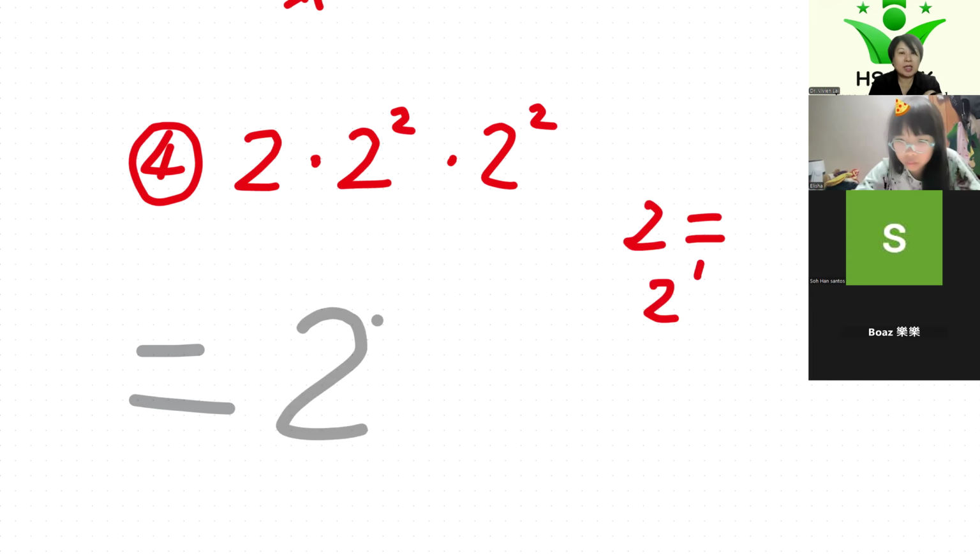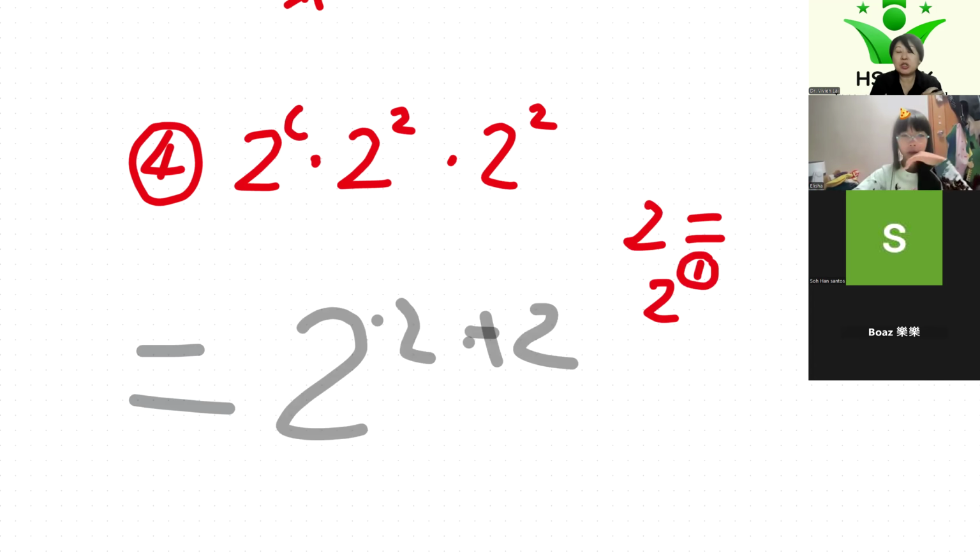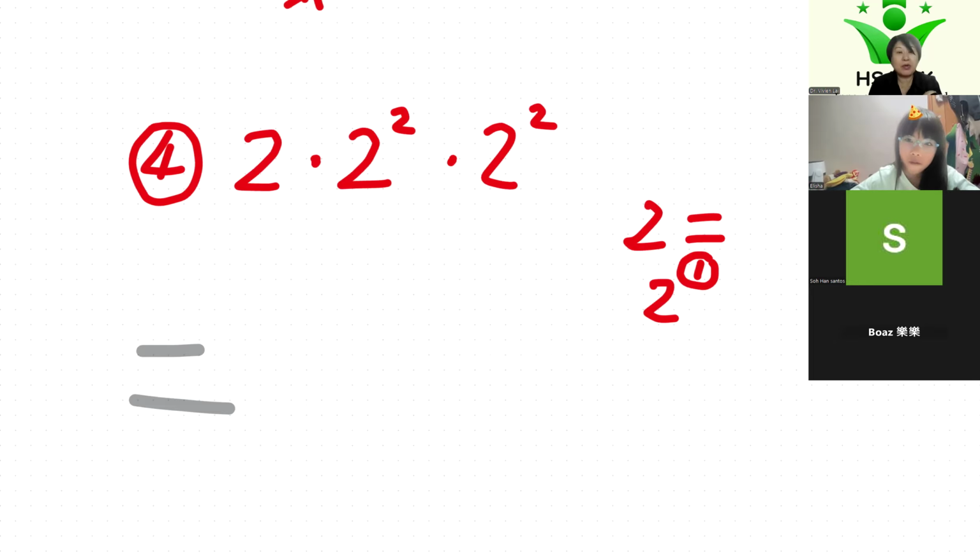Add the index together. The first one here, the first one you need to add as well. This one has a 1 there, but we just don't write it. So try again, you start from 2 to the first power first. So you will start from 2 to the first power first.